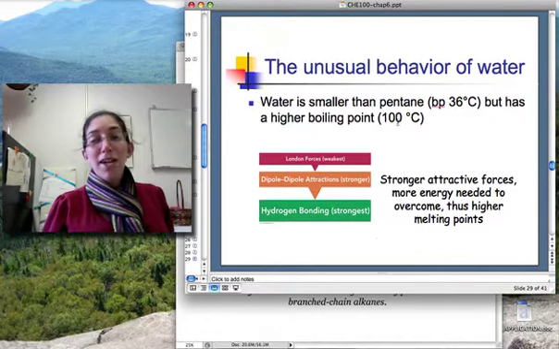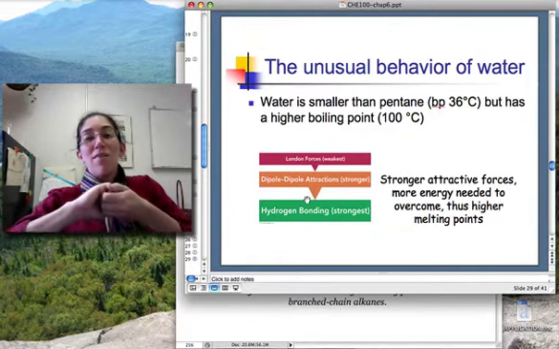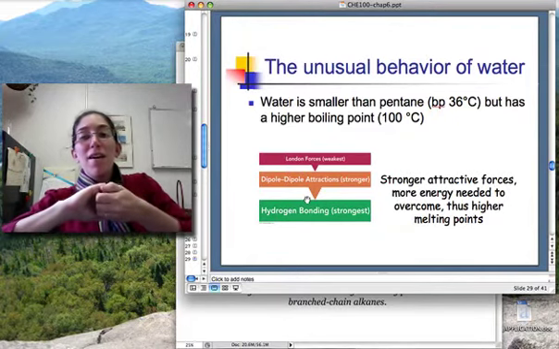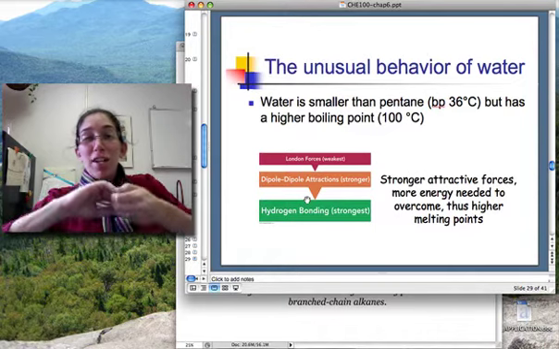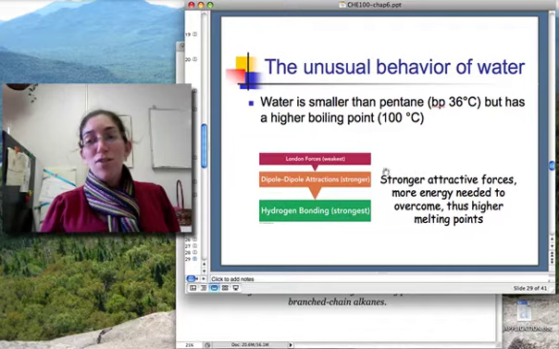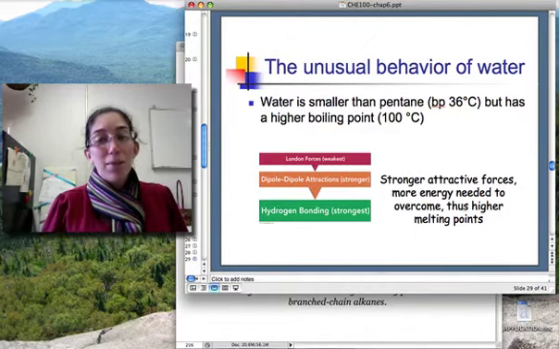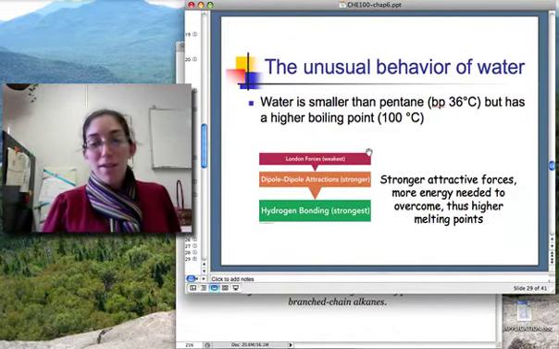So water has a very high boiling point because it has hydrogen bonding. It has the strongest type of intermolecular forces. So you need very high energy to break those attractive forces. So the stronger the attractive force, the more energy that's needed to overcome it, thus the higher boiling point and the higher melting point for that matter.